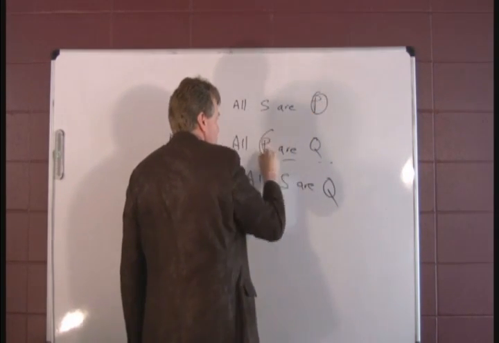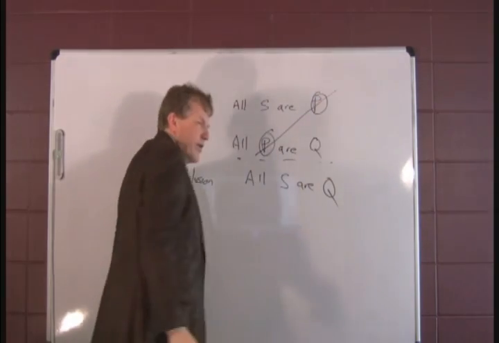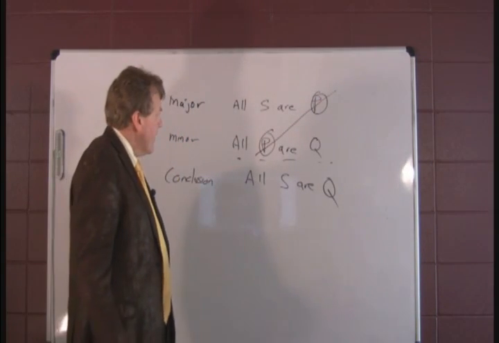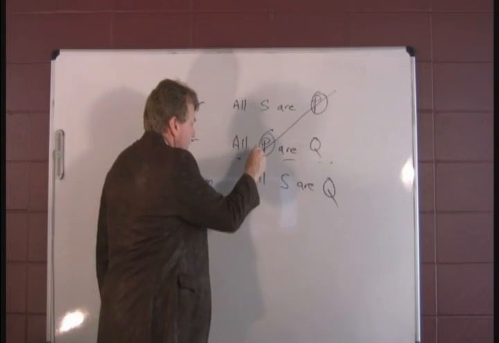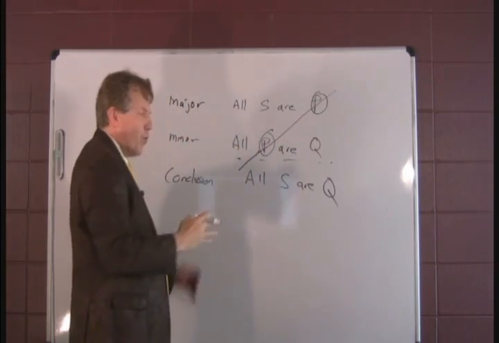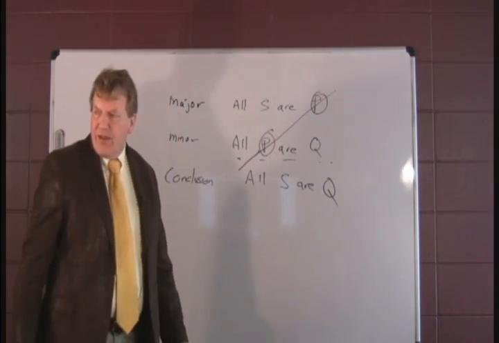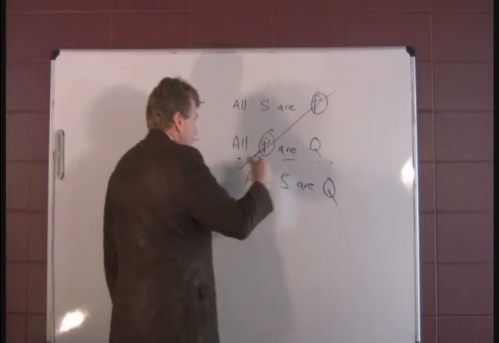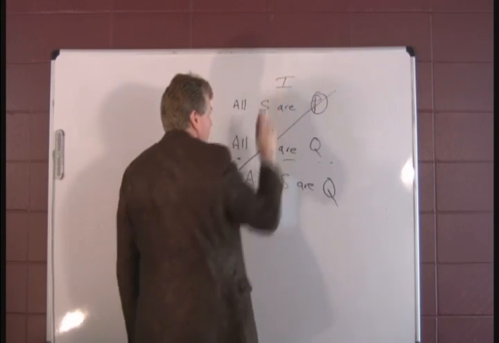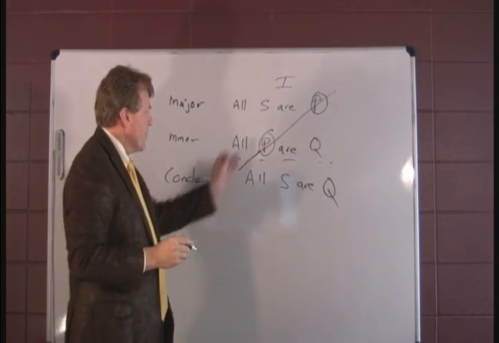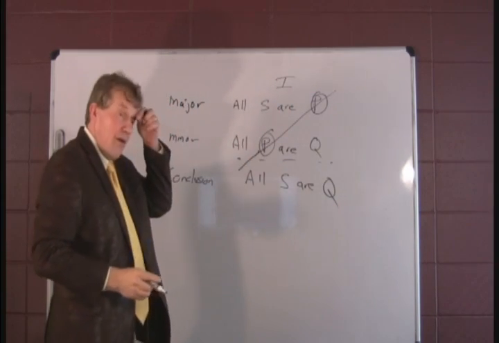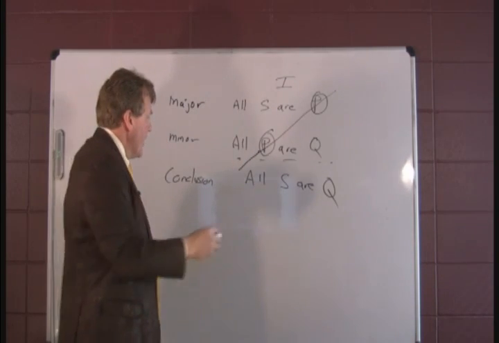One term has to be used twice, and here it is. And if you have a situation where your middle term lays out in this way, with the diagonal running down and to the left, this is called figure 1. All S's are P, all P's are Q, all S's are Q.